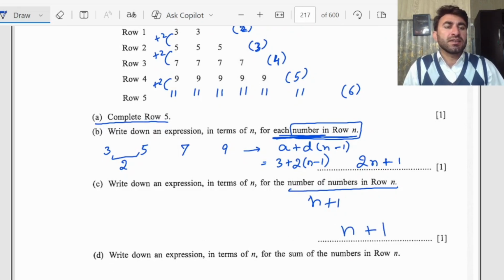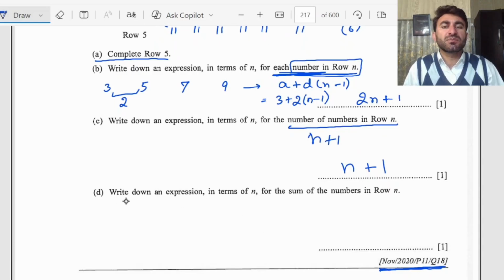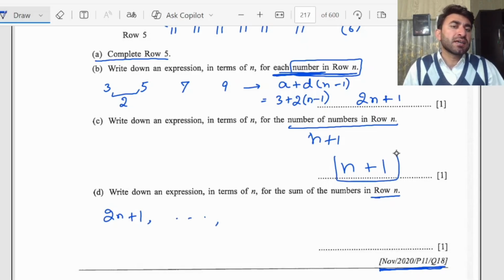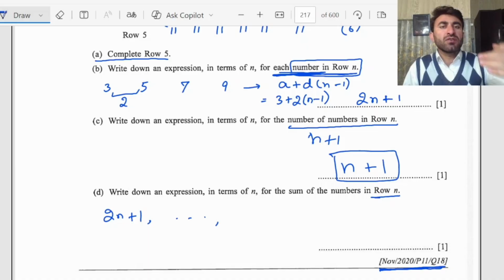Then in part d, it said write down an expression in terms of n for the sum of numbers in row n. We know in row n each number is 2n plus 1, and this number is repeated n plus 1 times, because the number of numbers in row n is n plus 1.